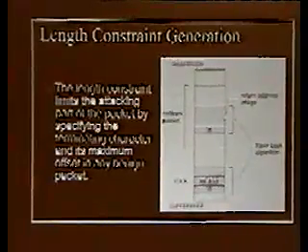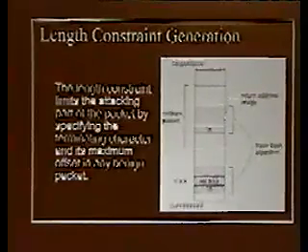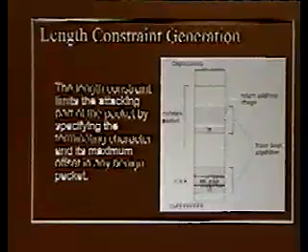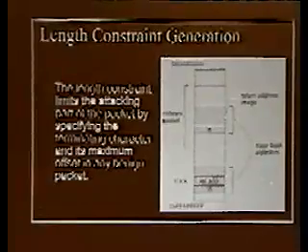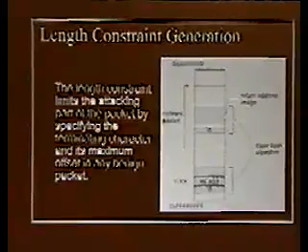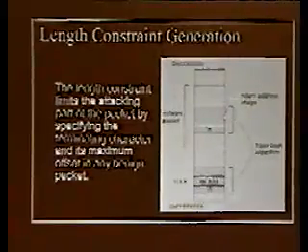However, since the terminating character was not found there, the control hijacking attack occurred. So the length constraint limits the attacking part of the packet, which is this gray part, by specifying the terminating character and the maximum offset, in our case the pre-image of the return address, where this terminating character should occur.